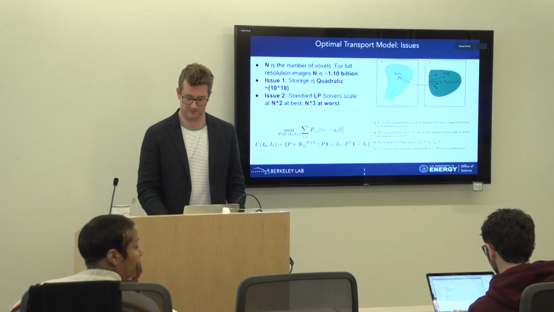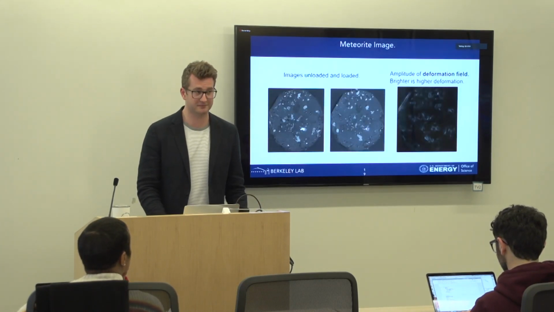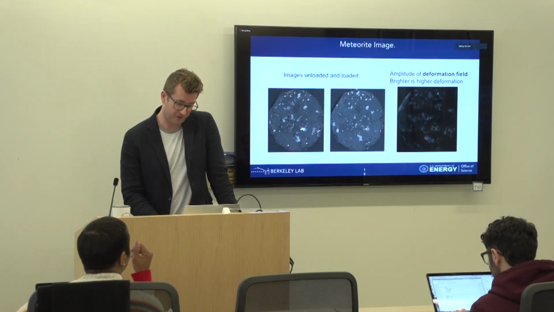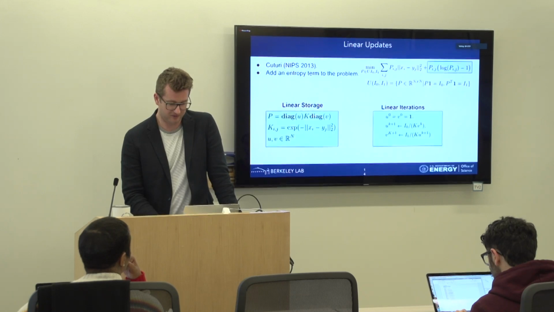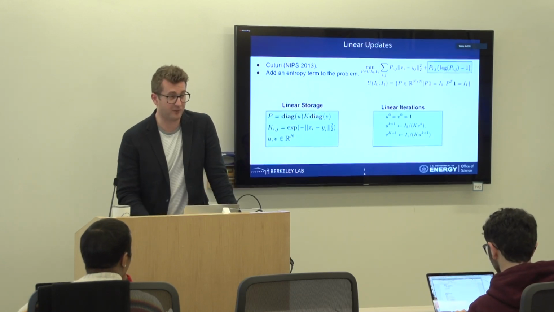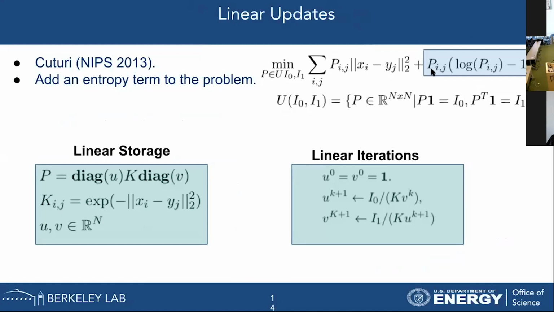In your conclusion, you're talking about some numerical instability. Could you talk a bit more about that? Absolutely. There's a regularization parameter, sigma, that I'm missing here. We added this entropy term. Ideally, you want that regularization to be as small as possible. What ends up happening is, in this iteration, you end up dividing by 0 at some point.